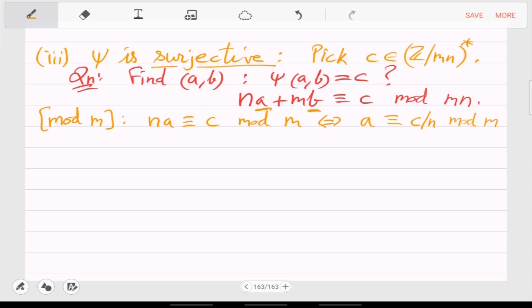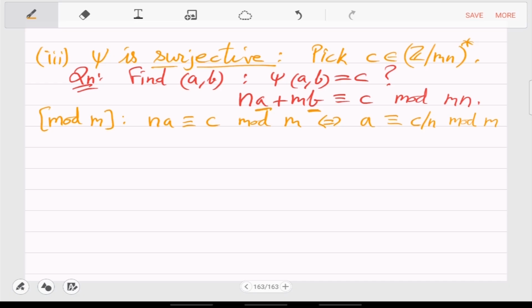But remember that this A that you are getting, it's only mod M, while in the red equation you want everything in mod Mn. Yeah, so here you observe that actually A is a residue class mod M, so by this calculation of mod M, the only possibility for A is C by N. Okay, there is no other possibility.